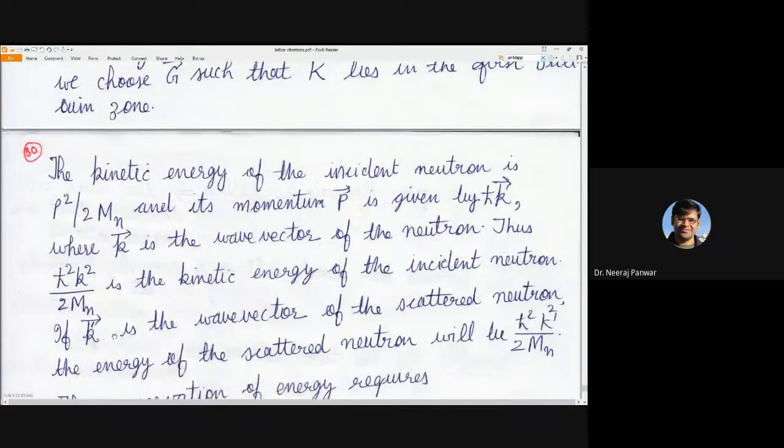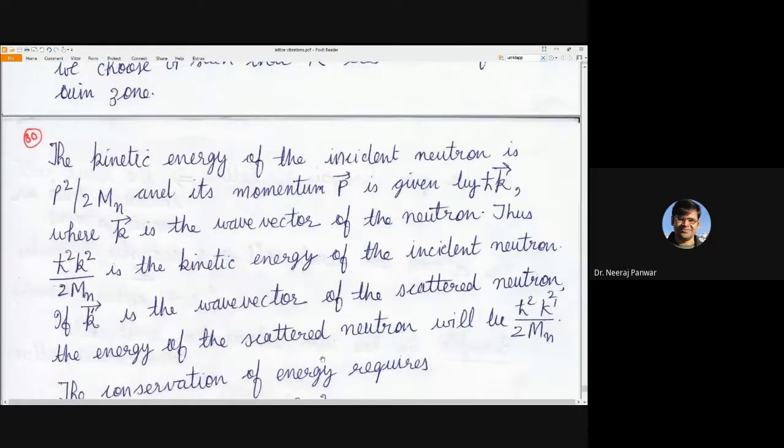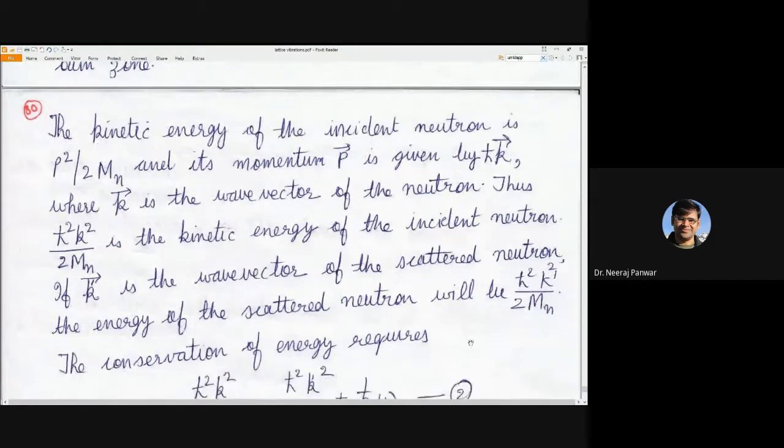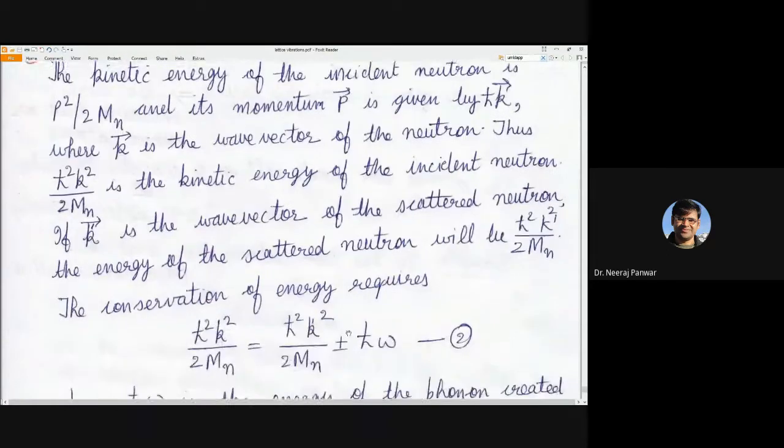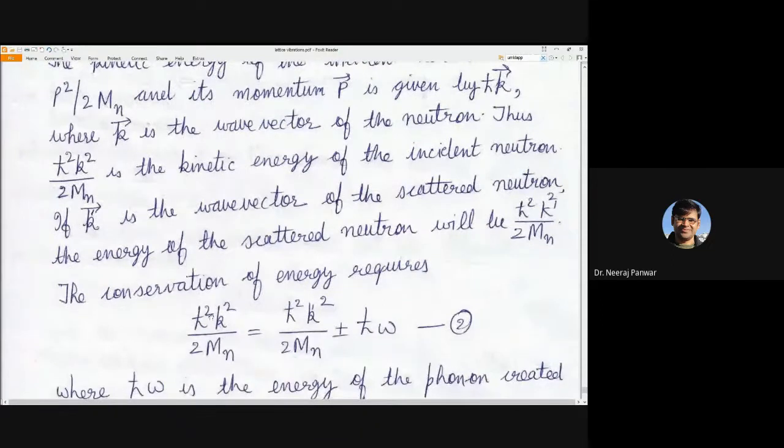If k prime is the wave vector of the scattered neutron, the energy of the scattered neutron will be h cross squared k prime squared by 2 Mn, and the conservation of energy requires that h cross squared k squared by 2 Mn is equal to h cross squared k prime squared divided by 2 Mn plus minus h cross omega.